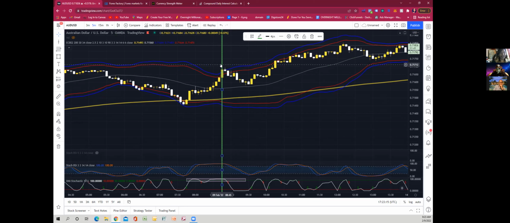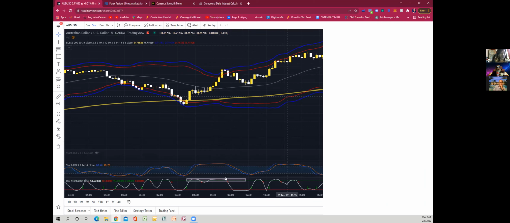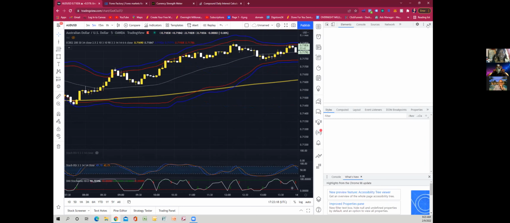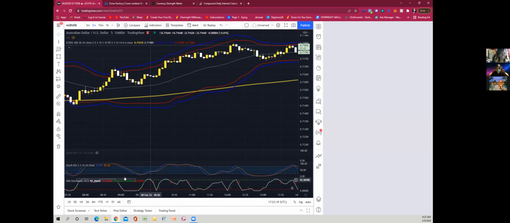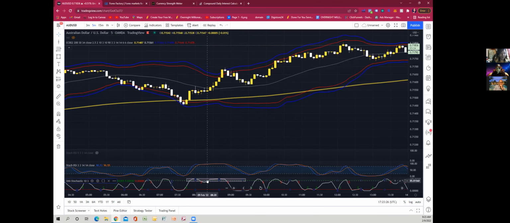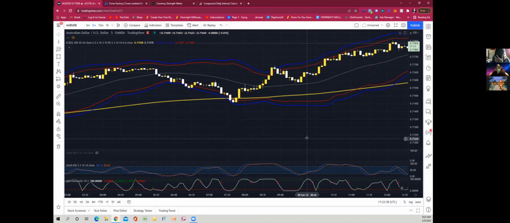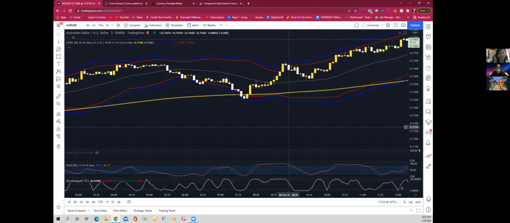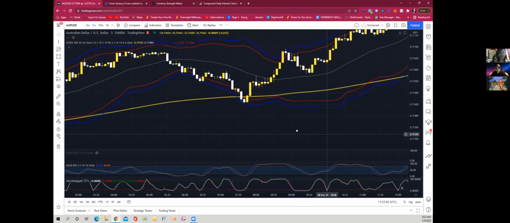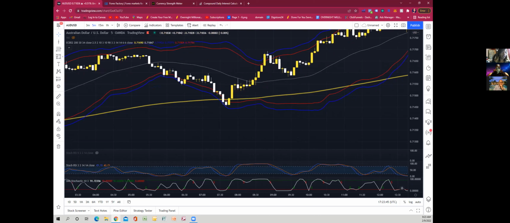But now let's see what it looks like if we're looking for the opposite, we're looking for buy situations. So buy situations is the exact same thing, as we can see right in this area right here.